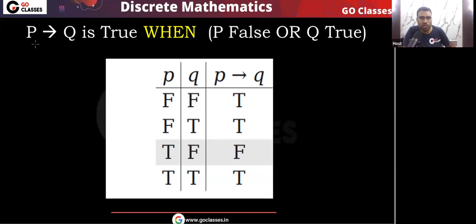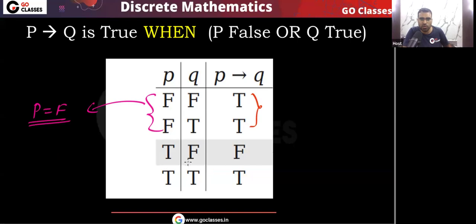See, notice where P implies Q is true. You can see P implies Q is true when P is false or Q is true. Here you can notice P is false, and in these situations, you can see P implies Q is true.